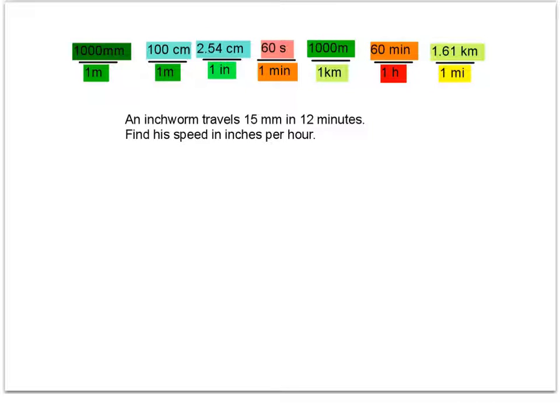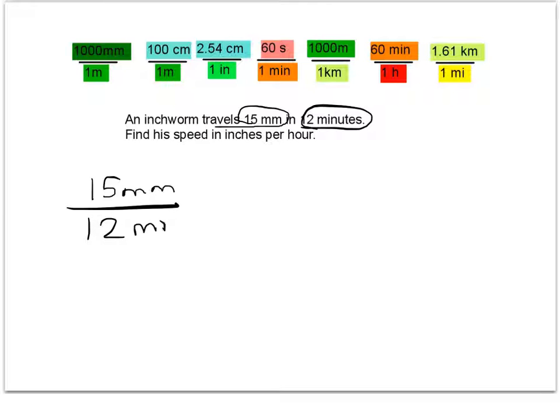With conversion factors, in solving a problem, we look at what the problem gives us. So in this case, we see that we have an inchworm, and it's traveling 15 millimeters in 12 minutes. It's traveling 15 millimeters in 12 minutes, and it's asking us to go to inches per hour.